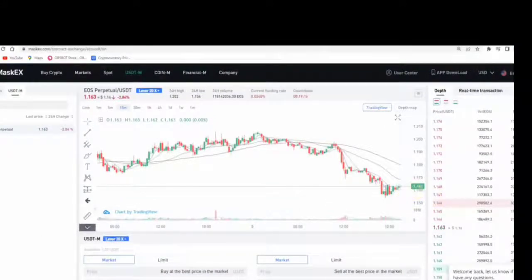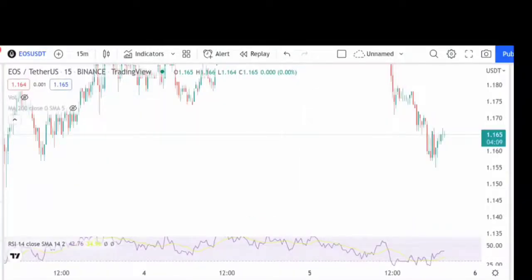You can see this price on MaskEX is 1.63. Okay, let's check Binance and see. So I've checked Binance, and MaskEX has the same price.